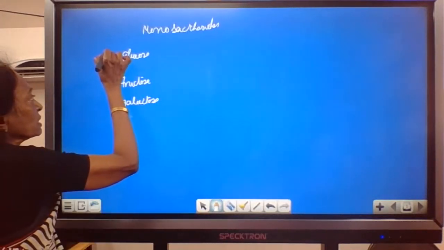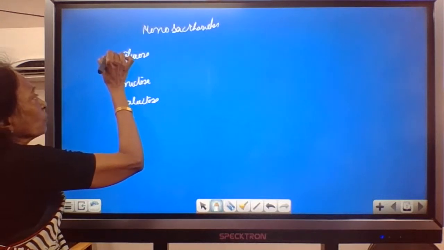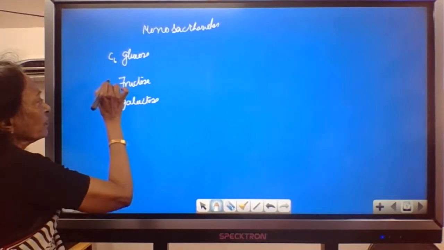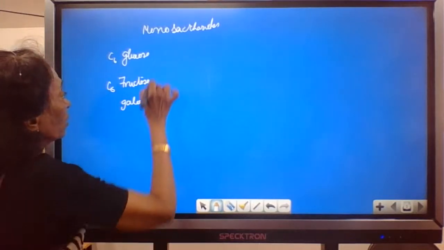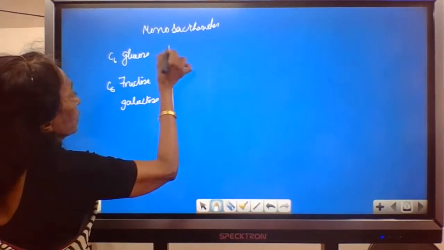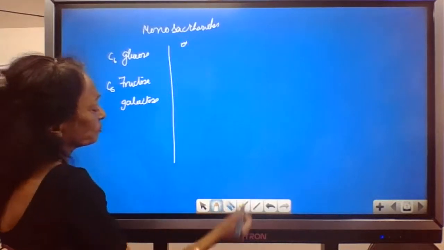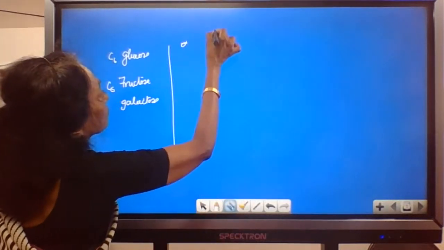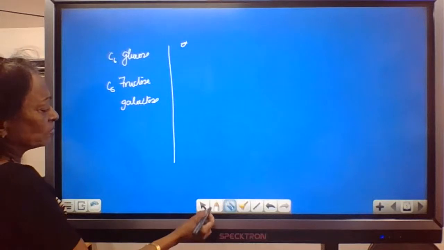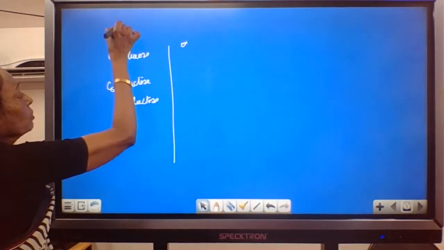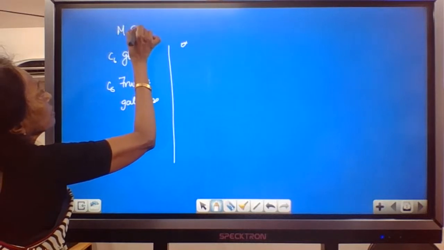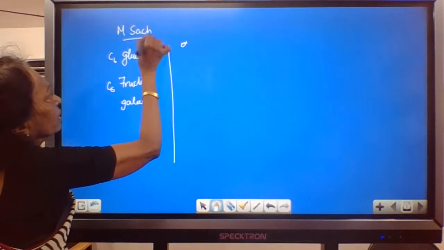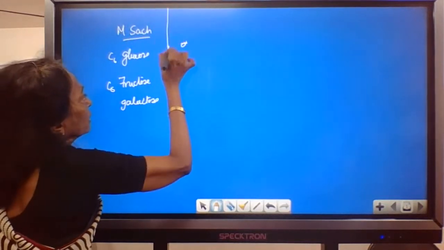It's a six carbon compound, C6. Now listen, back again C6. Now next, what you're going to do is the disaccharides. I'll write MS, MS means monosaccharide. Okay. Now then next you're going to the disaccharides.